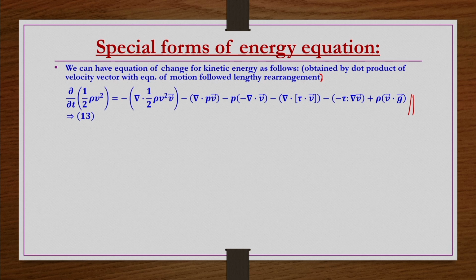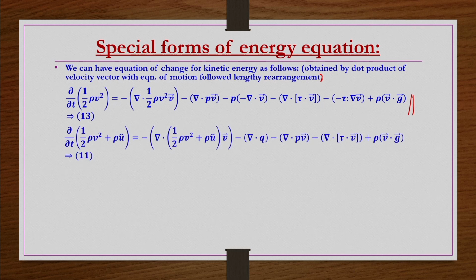Take the equation of motion we derived in the previous lecture, take the dot product with the velocity vector v, and do some simple but lengthy rearrangement, and you get this equation. This equation is nothing but the equation of change for kinetic energy. We are writing this equation as equation number 13.